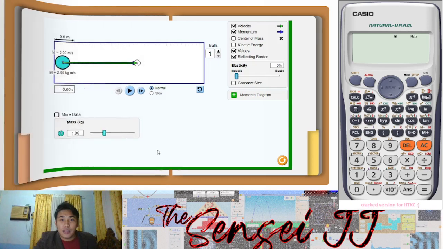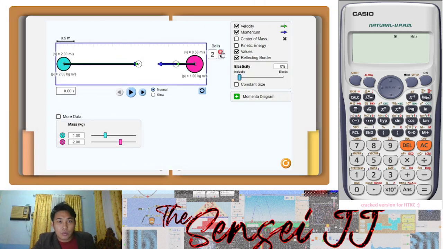Okay? And sir, how about this one? We are having two objects. The one that is greater in speed but smaller in size, and we have here another one that is greater in size but slower in movement, unlike the smaller one.